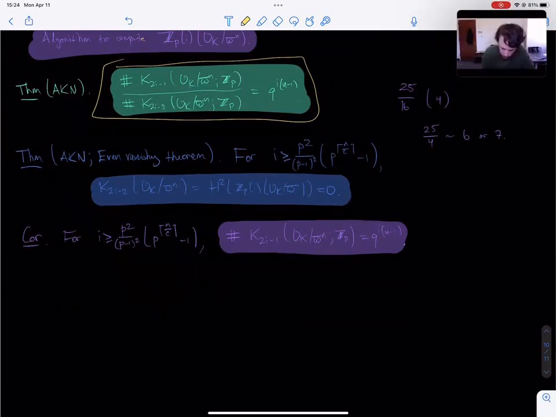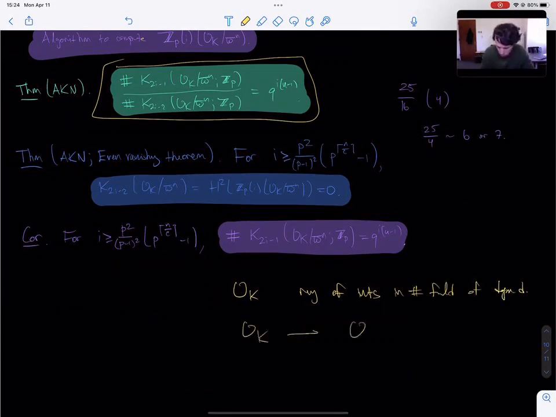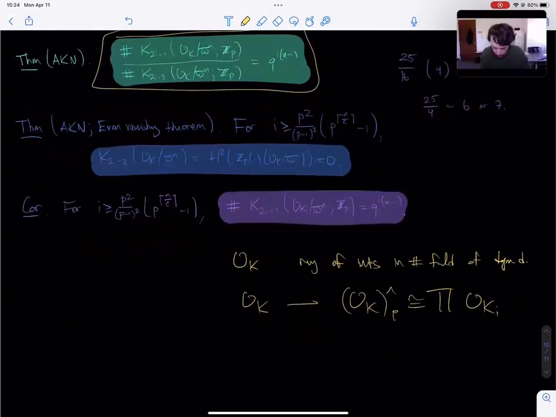So let's say O_K is now a ring of integers in a number field of degree d. Then I can look at O_K into its p-completion, and this splits as a product of local rings, the O_{K_i}. Now I can look at the units O_K^×, and I can p-complete them.